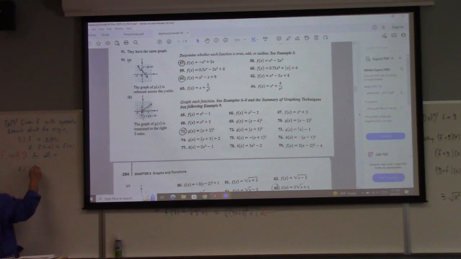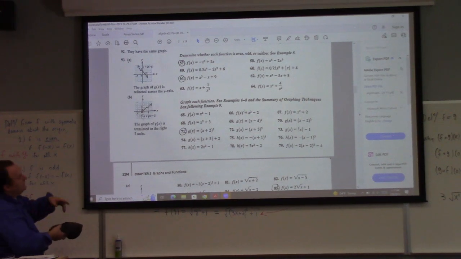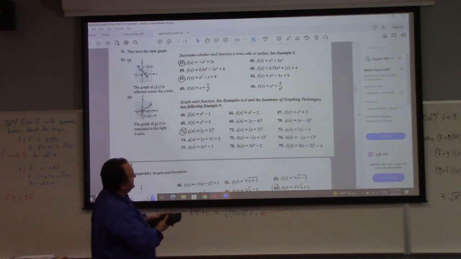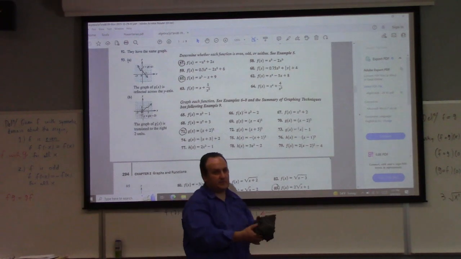Number two, f is odd if f of minus x is equal to minus f of x for all x. So this is what problems 50, 57, and 61 are about in the homework, right?